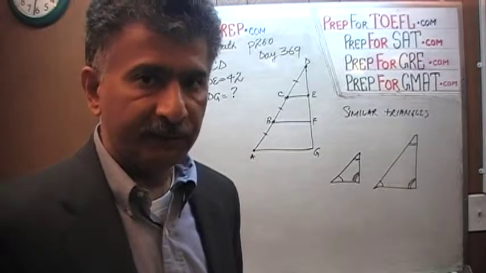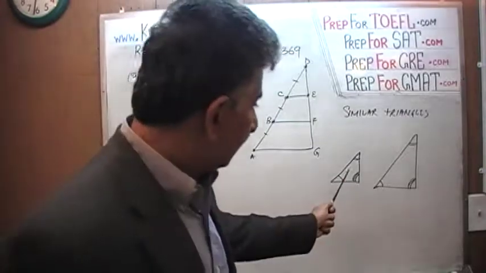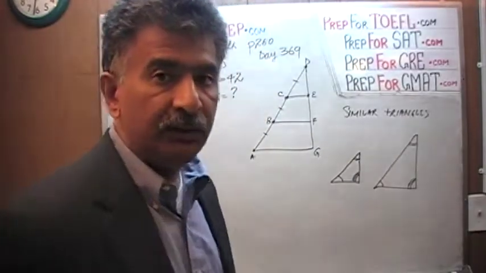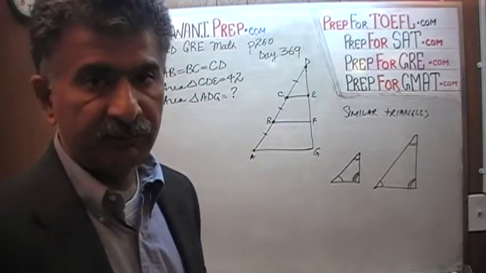The corresponding angles are equal. What that means is that the sides of these two triangles are going to be in the exact proportion. The sides are going to be proportional.